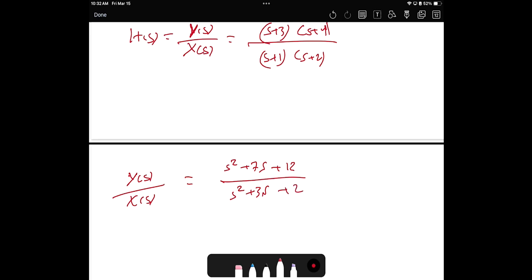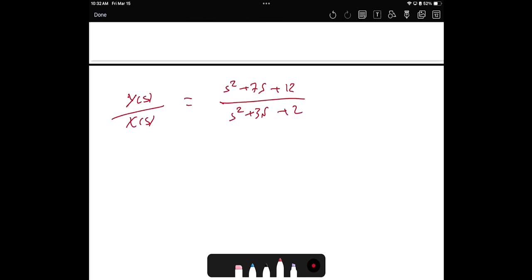Then do the products: s squared plus 7s plus 12 times x of s equals s squared plus 3s plus 2 times y of s.